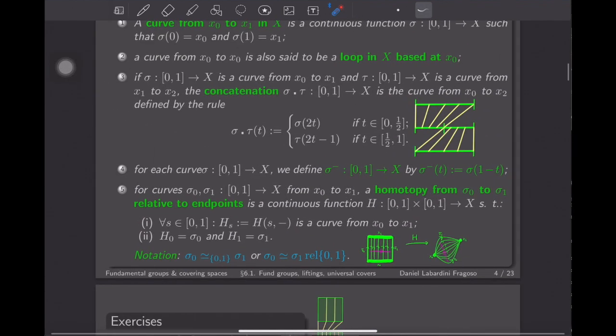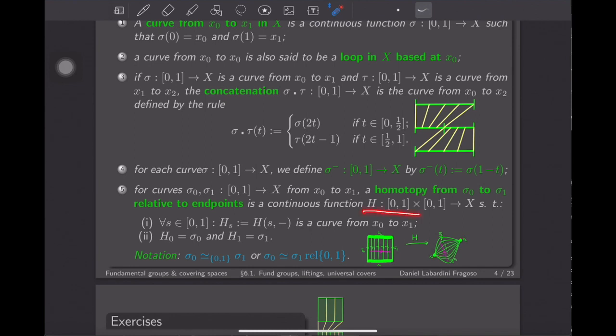So given my two curves from x0 to x1, I have a homotopy from sigma 0 to sigma 1 relative to endpoints. So that relative to endpoints makes reference to wanting all the intermediate curves to go from x0 to x1.